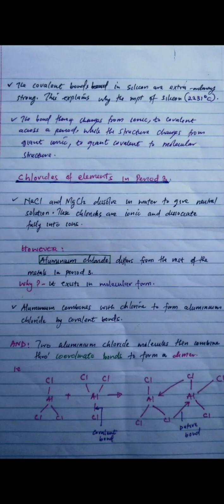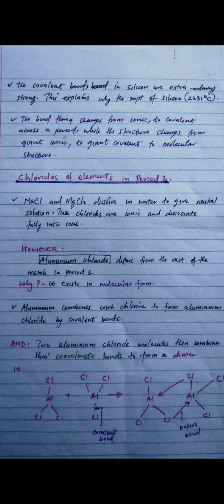The covalent bonds in silicon oxide are extraordinarily strong, and this explains why the melting point is 2231 degrees Celsius. So the bond changes from ionic to covalent across a period, while the structure changes from giant ionic to giant covalent to molecular structure.